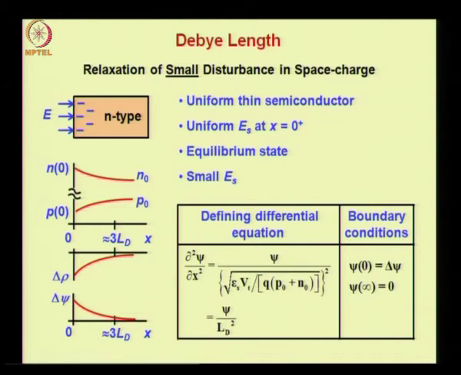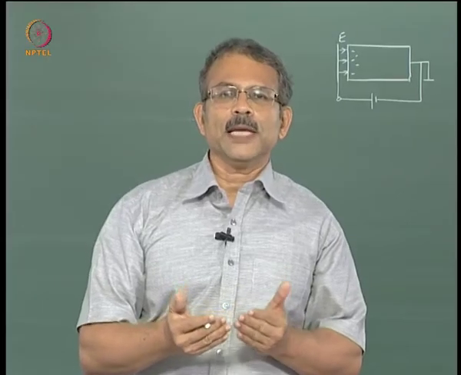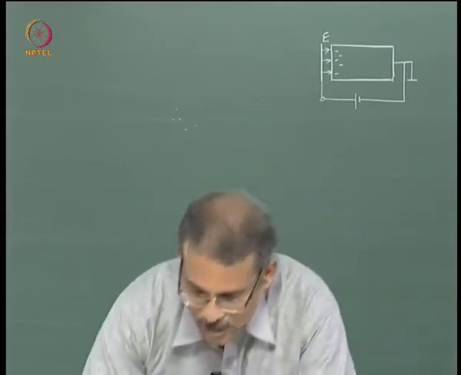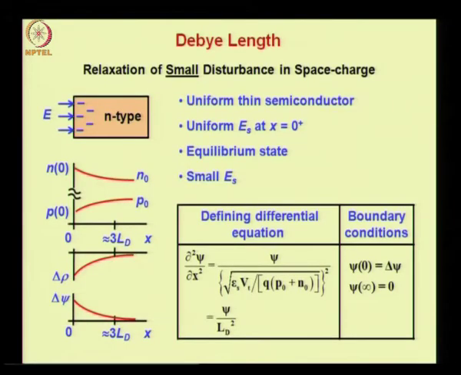There is another way we can write the same differential equation, that is in terms of the potential. In fact, as we will see, it is easier to write the equation in terms of the potential, which can ultimately be converted into an equation in terms of the space charge. So the equation in terms of the potential is again a second order differential equation, because we will show that for small disturbances, for small electric fields, the potential and space charge are linearly related.